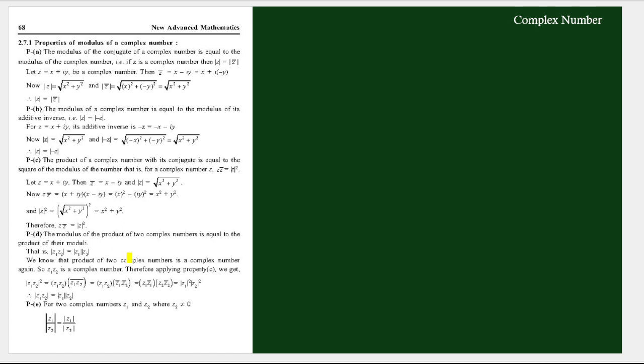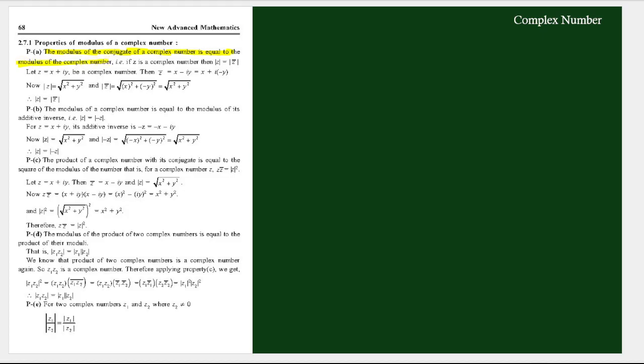Okay. Now we will come to the properties. What are the properties of the modulus of a complex number? So the first property says that the modulus of the conjugate of a complex number is equal to the modulus of the complex number.